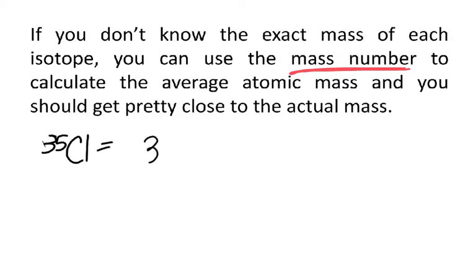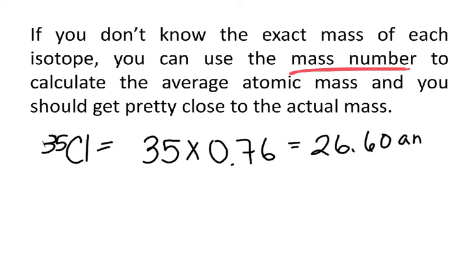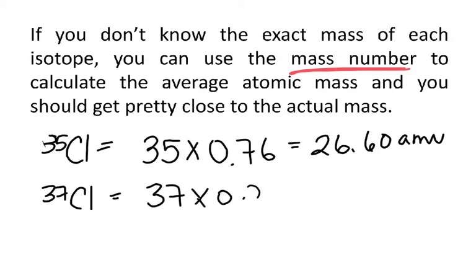Okay, so we're going to use the 35 from the mass number, times the decimal equivalent, and when you do that multiplication you get 26.60 AMUs. That's the average weight of this isotope. The next one is chlorine-37, so we take the 37 times the 0.24, and we get 8.80 AMUs. And that is the average mass of that particular isotope.